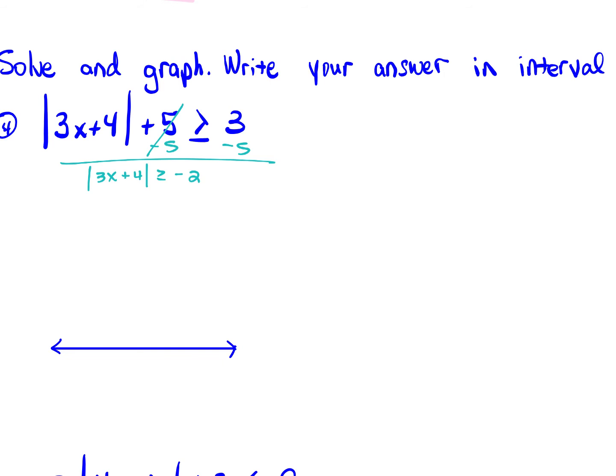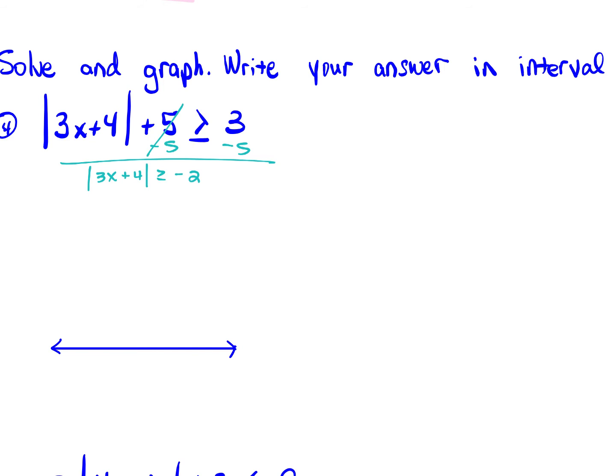You have the absolute value of something, which is always a positive number. So a positive number is greater than or equal to negative 2. Is this true sometimes, always, or never? The absolute value of something, so a positive number, is greater than a negative number. It's always true.